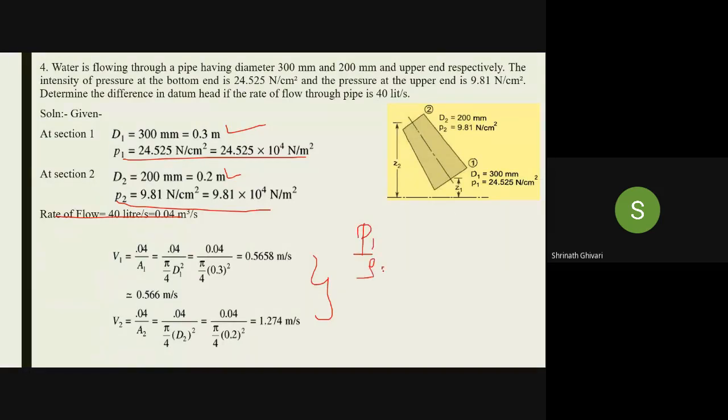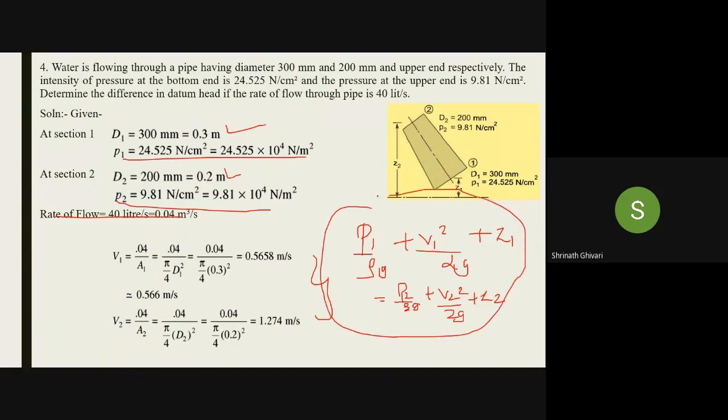P1 by rho g plus V1 square by 2g plus Z1 equal to P2 by rho g plus V2 square by 2g plus Z2. So the same equation you are going to use. Okay. So you have to just determine from this Z1 and Z2. So Z2 minus Z1 you have to determine.